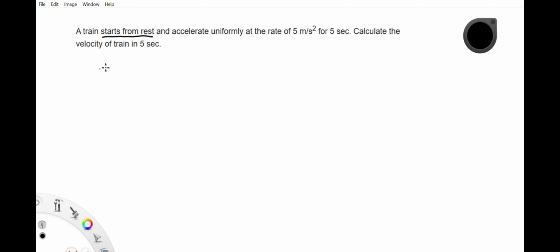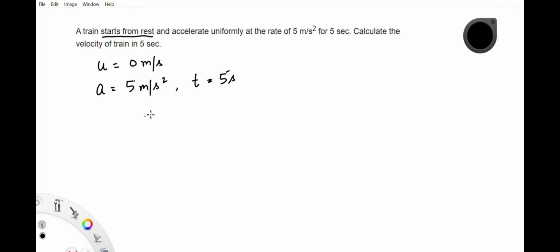So the initial velocity of the train, that is u, will be equal to 0 meters per second. You're given that this uniform acceleration of 5 meter per second square takes place for 5 seconds. So you're given time as 5 seconds.